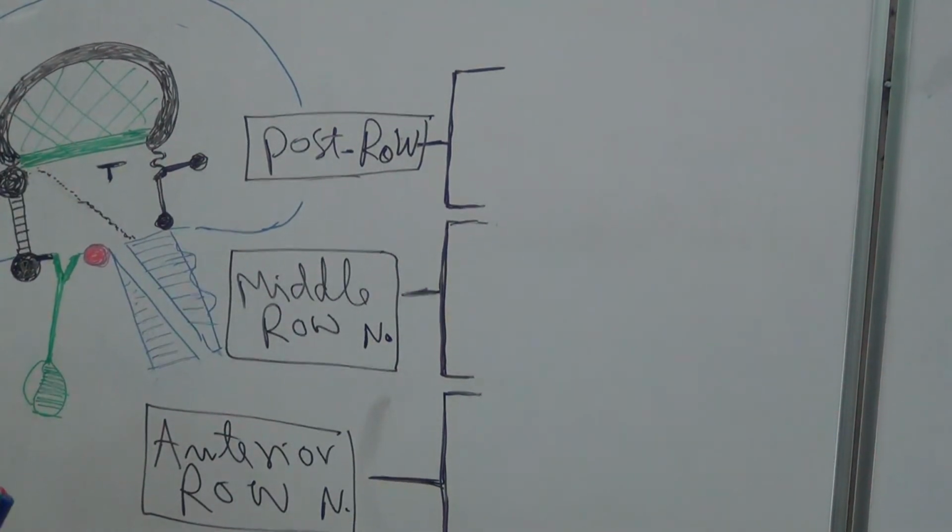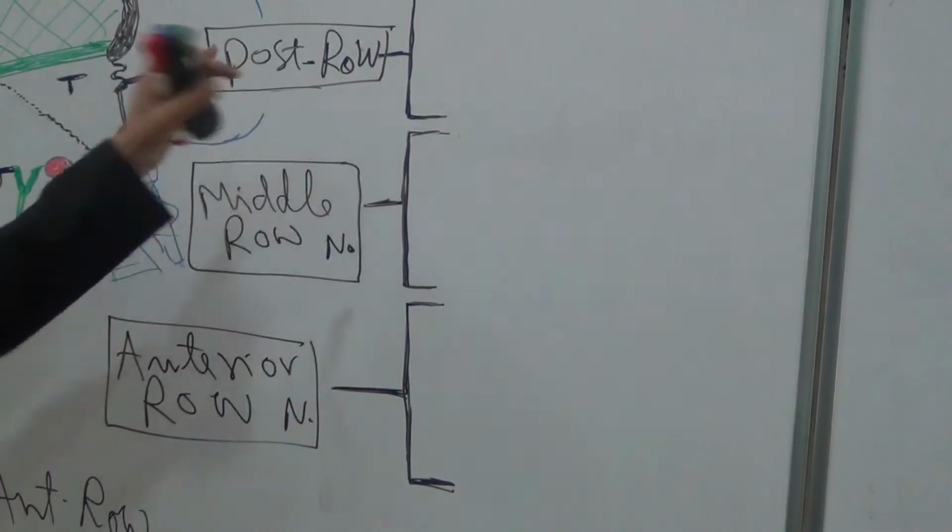So from before backward, anterior row, middle row, and posterior row.